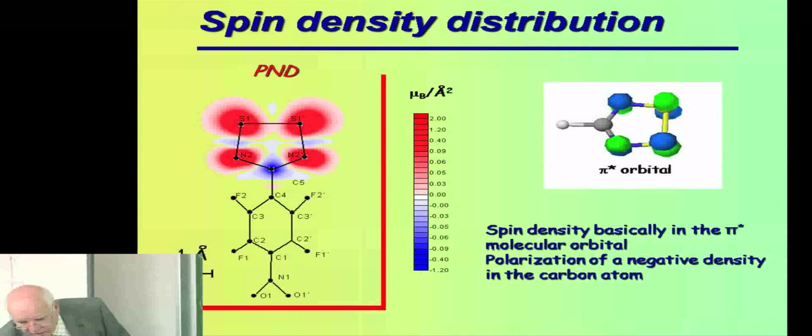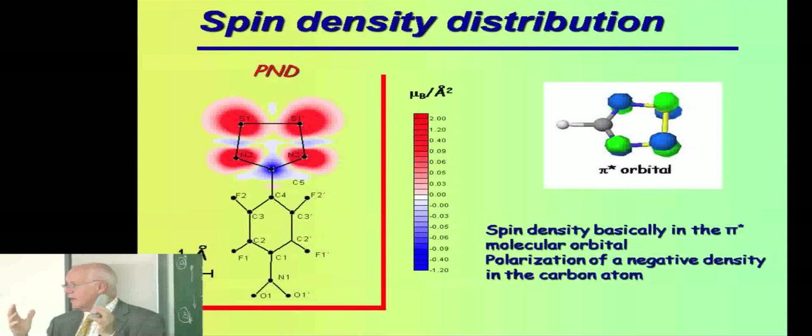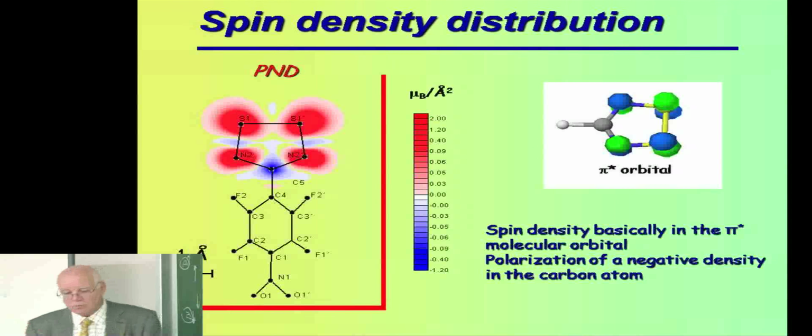The same with organic magnets. In this case, for example, how does it order, why does it order ferromagnetically or like a canted antiferromagnet? We went to the spin determination. We found that only here in this five-member ring was there magnetic moment. Nothing was here.